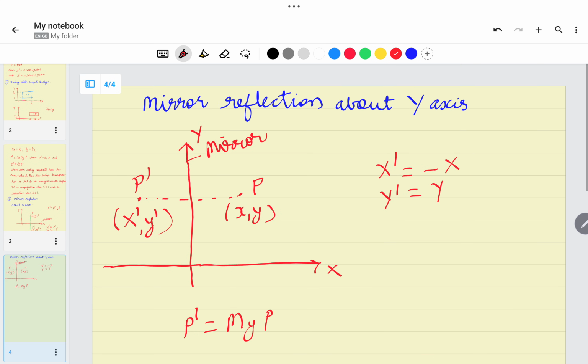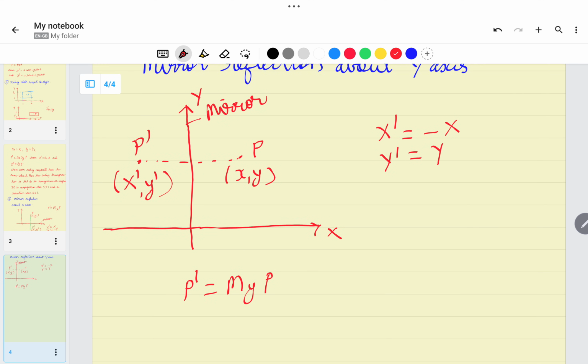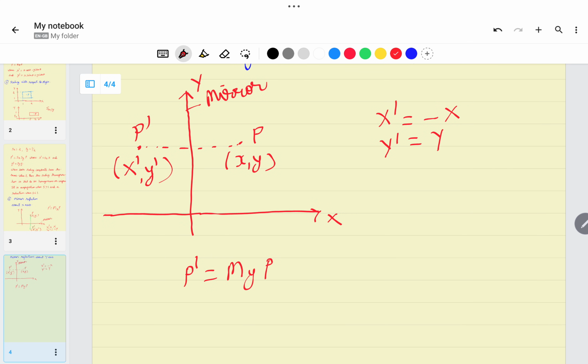And for mirror reflection about y, notation is my. You'll observe that mx is also represented as scaling with a factor 1 comma minus 1, and my can also be represented as scaling with a factor minus 1 comma 1.